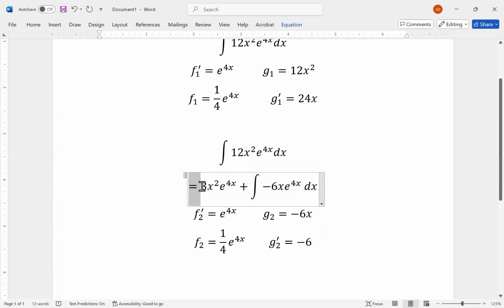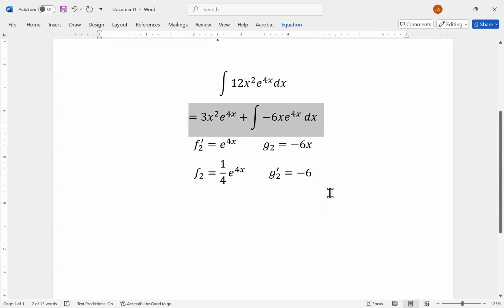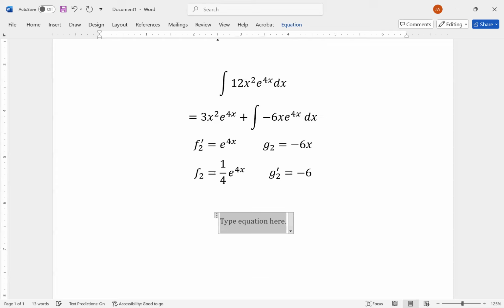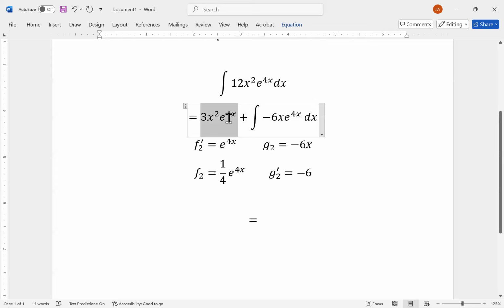So this entire thing becomes, well, I have to keep 3x squared e to the 4x there. So I keep that there.